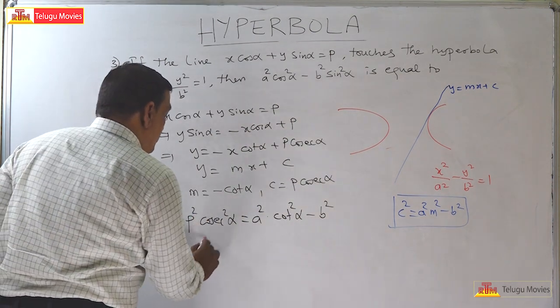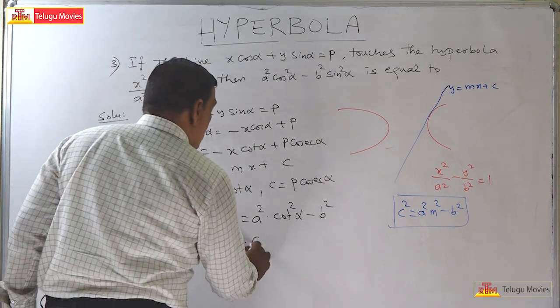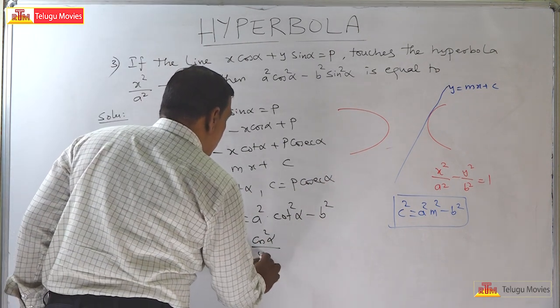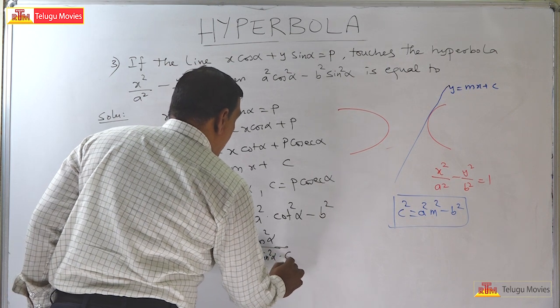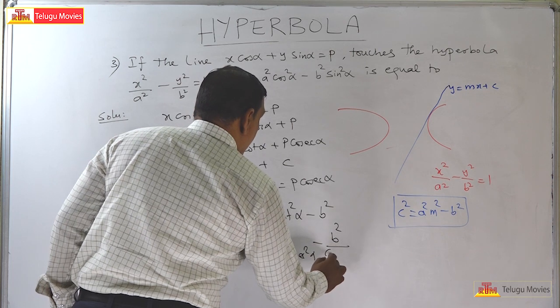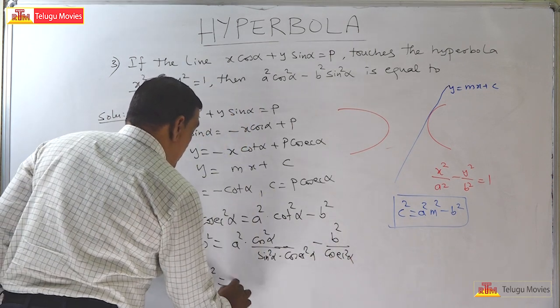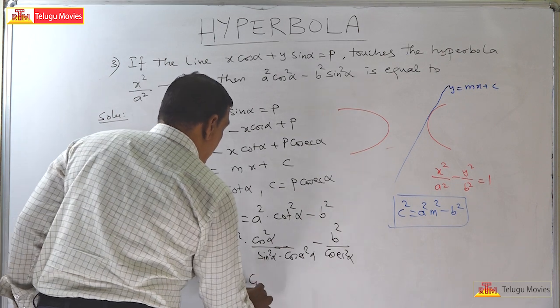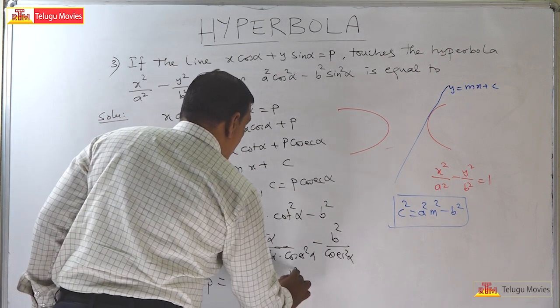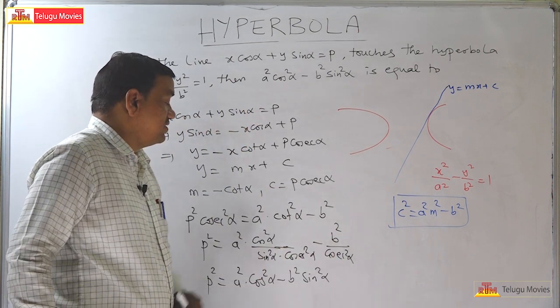So here P square, here a square, cot square alpha means cos square alpha by sin square alpha, and you are dividing by cosecant square alpha, minus b square by cosecant square alpha. So this gives P square is equal to a square into cos square alpha minus b square into sin square alpha, since one over cosecant square alpha becomes sin square alpha.